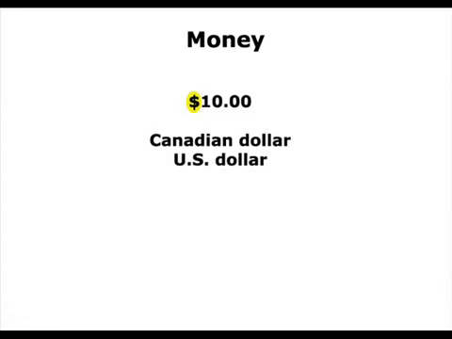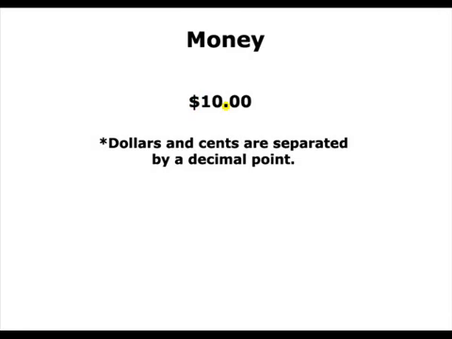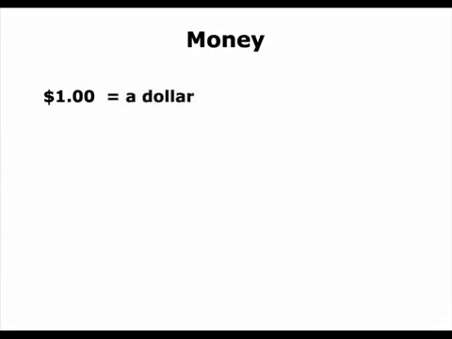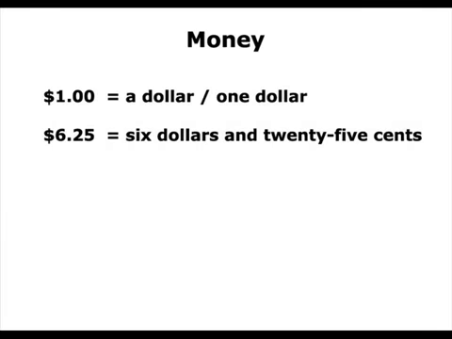Both Canada and America use dollars and cents. The dollars and cents are separated by a decimal point. You can say $1 or $1. You can say $6.25 or $6.25.